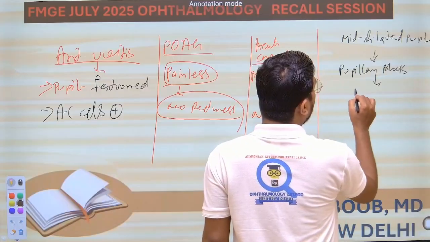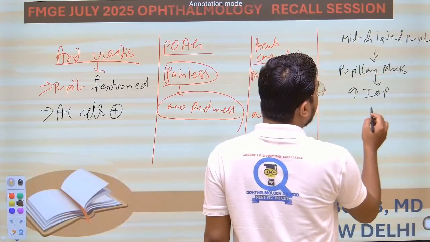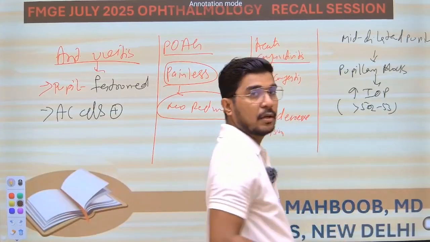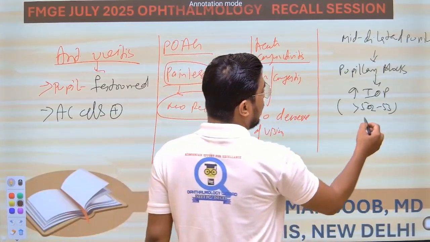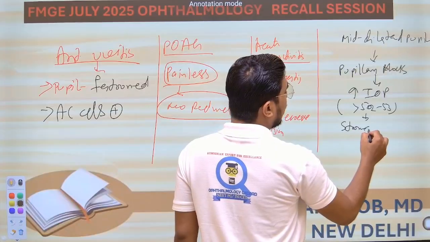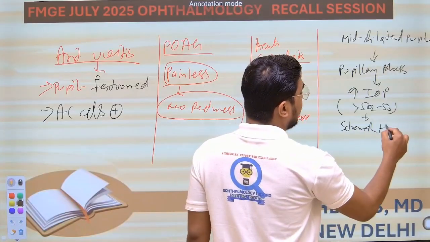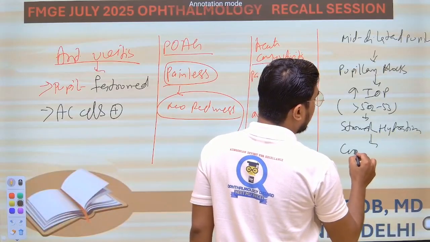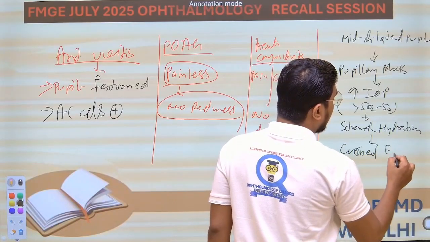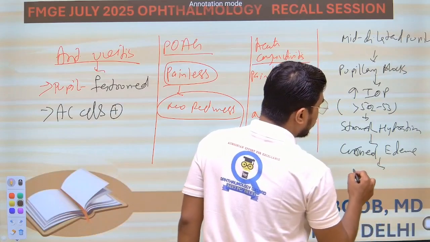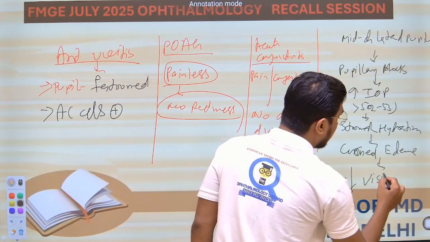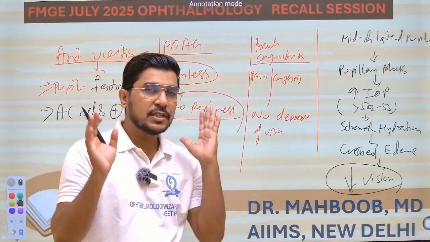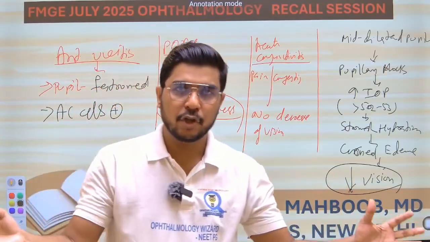This pupillary block increases IOP, and if this IOP is more than 50 or 52 or 53, then there will be corneal stromal hydration, and this hydration will lead to corneal edema, and this causes the decreased vision. So this is the cycle of the acute angle closure attack. So this is how you can explain each and every option.